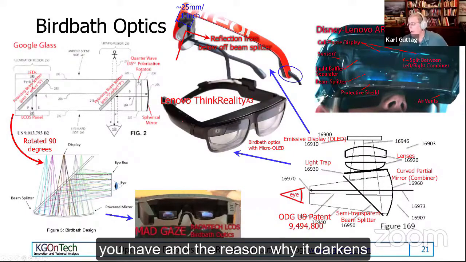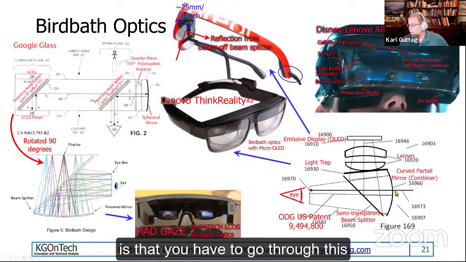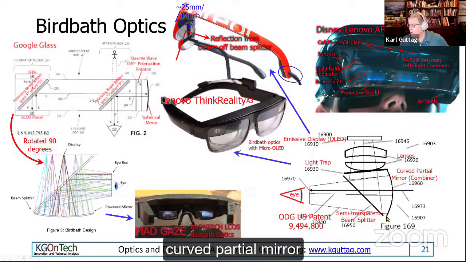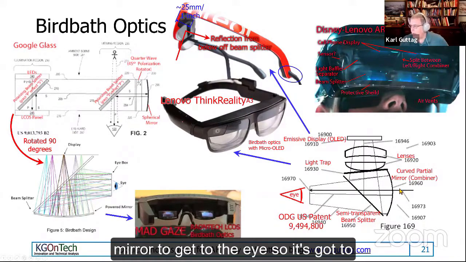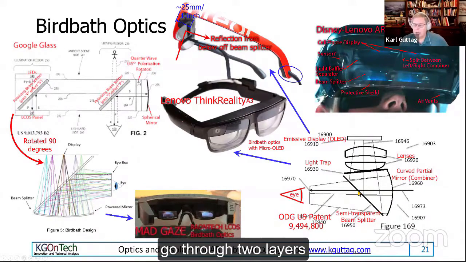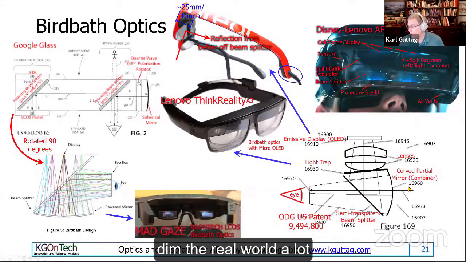The problem you have, and the reason why it darkens so much, particularly with this curved mirror in front, is that you have to go through this curved partial mirror, through this beam splitter partial mirror to get to the eye. So it's got to go through 2 layers of optics blocking. Therefore, it tends to dim the real world a lot.